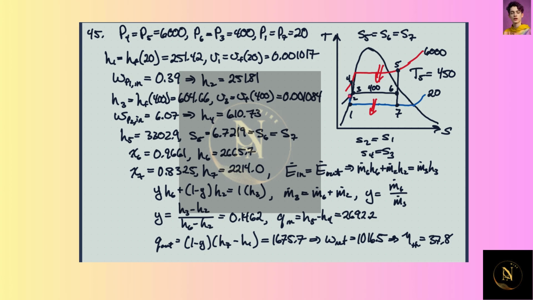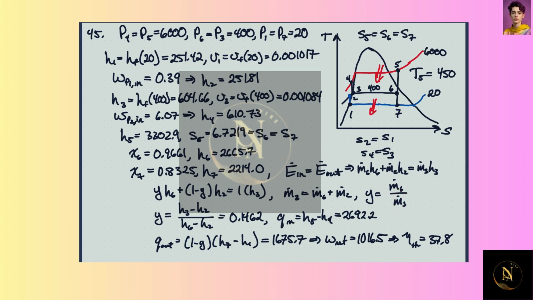Basically coming in there, coming in here, and coming out there. All right. So we have energy coming in, energy going out. And so then we can write this in terms of a ratio compared to M3 dot. Set that equal to 1. And then we have Y equals M6 dot over M3 dot.